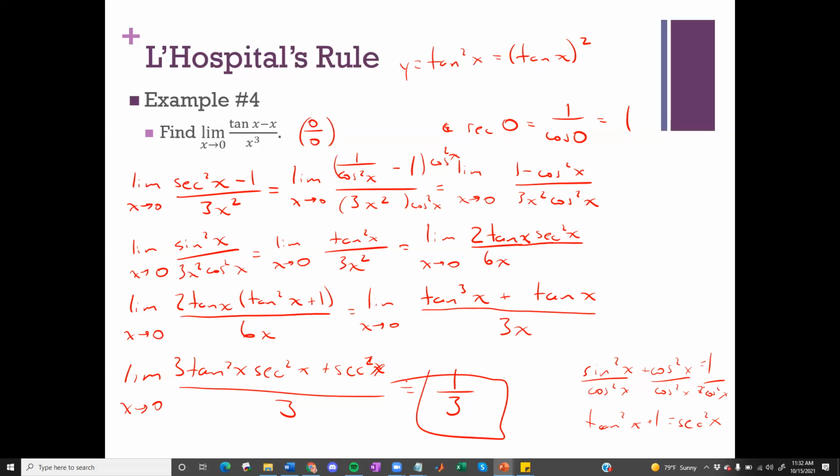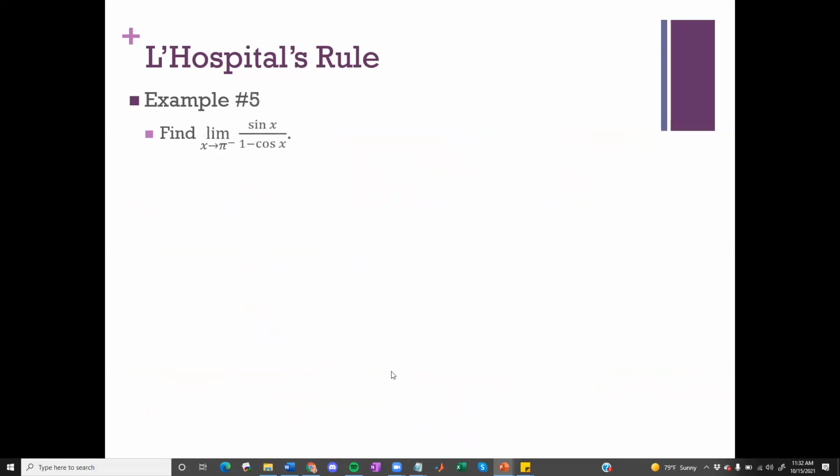All right. For trig, how about this one? What should I do first?